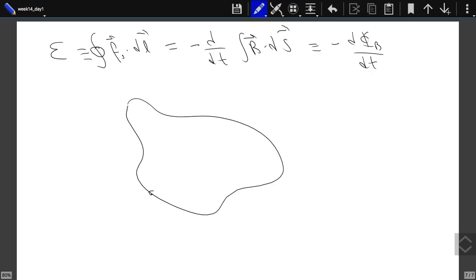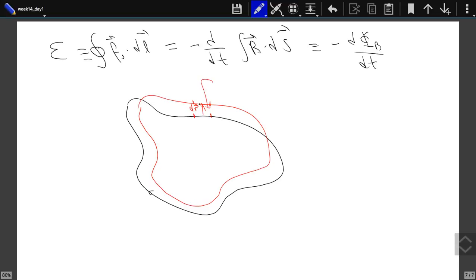Well, after deformation, let's say it takes this form. And you can just think of any deformation you like. So this segment over here basically becomes the segment over here. It is just displaced by dr.